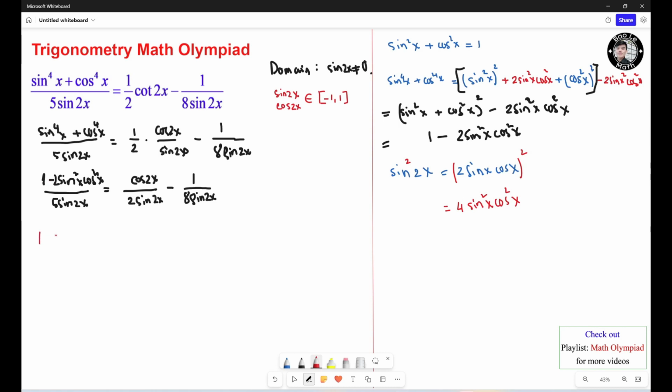It turns out to be 1 - 1/2 (2 sin x cos x)^2 over 5 sin 2x equals cos 2x over 2 sin 2x minus 1 over 8 sin 2x.